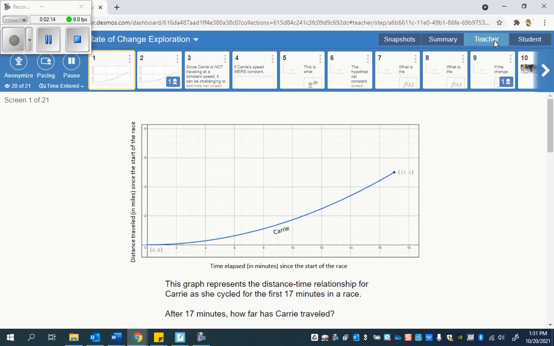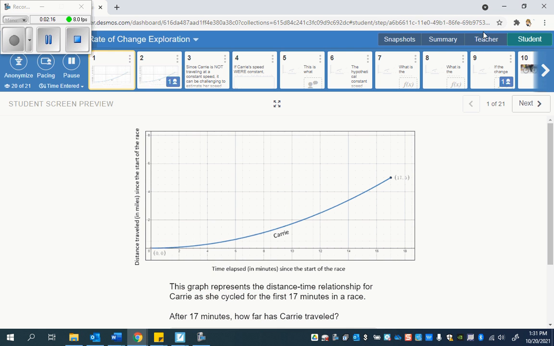Okay, so here's one of the things that I want to take some time and talk about, because this has a huge foundational understanding to what we're doing today and for this next unit. So this graph represents the distance time relationship for Carrie as she cycled for the first 17 minutes in a race.